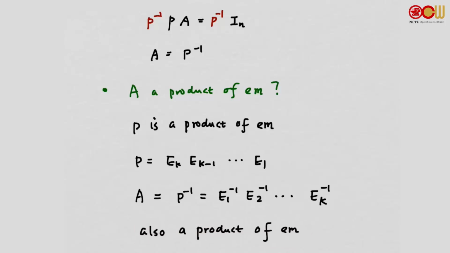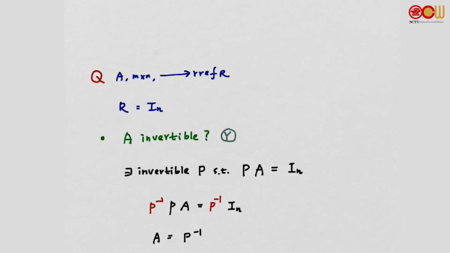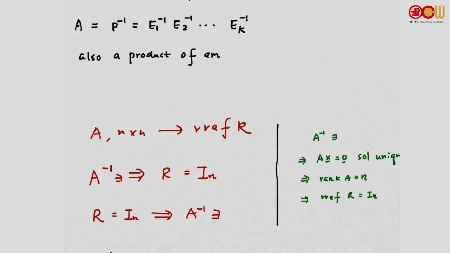So yes. Now let's combine two results together. This result here told us that if R is the identity matrix, A is invertible. Earlier we had the conclusion that if A is invertible, then the reduced row echelon form is the identity matrix. And just now we saw that whenever the reduced row echelon form is the identity matrix, it implies that A is invertible.